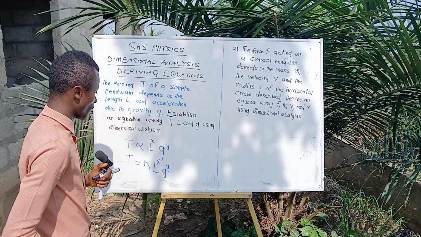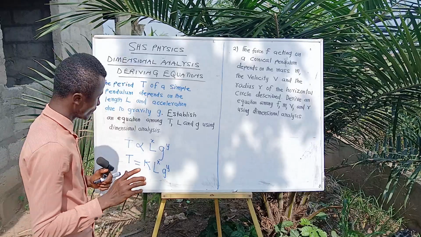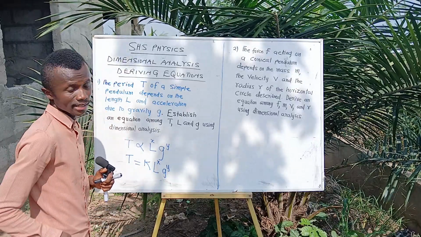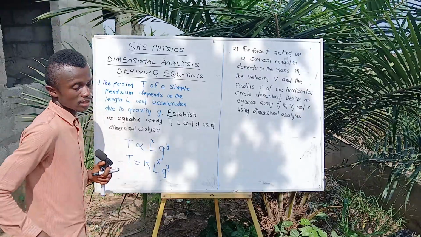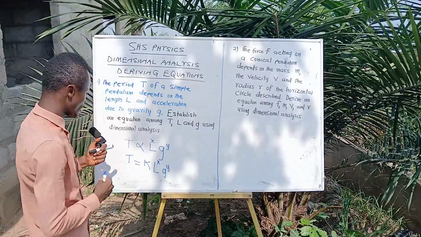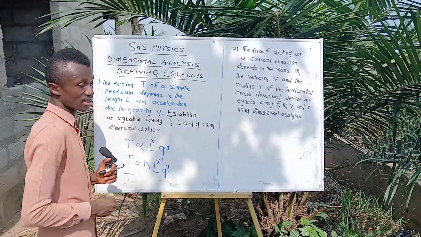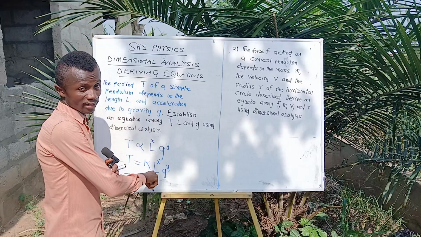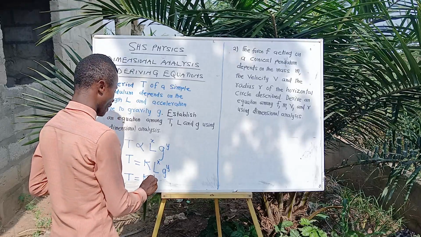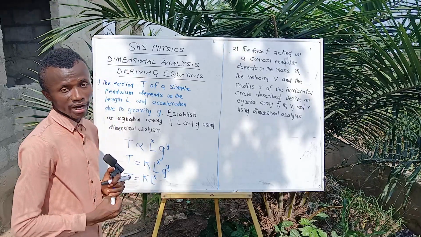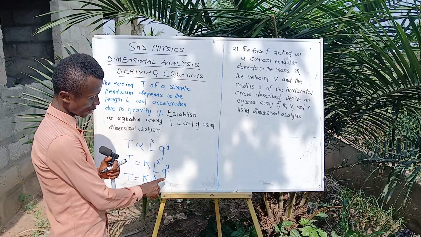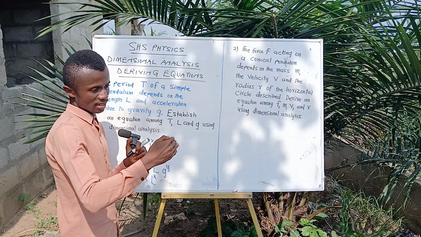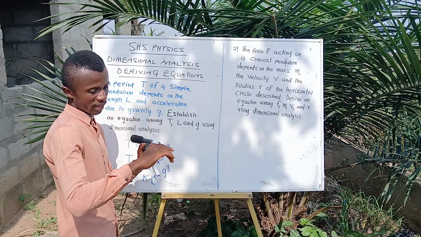The third step is to write the dimensions for all the quantities, with the exception of the dimensionless k. So the period T is already a basic quantity, so its dimension is the same, capital T. It's time, equal to k. L is also a fundamental quantity, so L to the power x. g is a derived quantity, and its dimension, of course, is acceleration, which is distance or displacement divided by time squared.